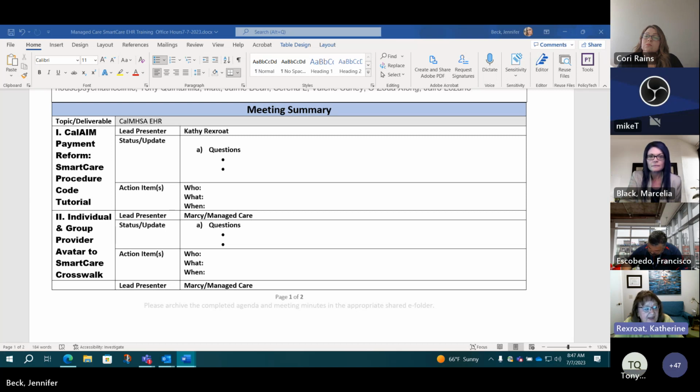One indicates that the person is at home and the other one indicates they are not in your office and not at home. So it's going to be either 02 or 10. And the place of service codes are in the billing manual.